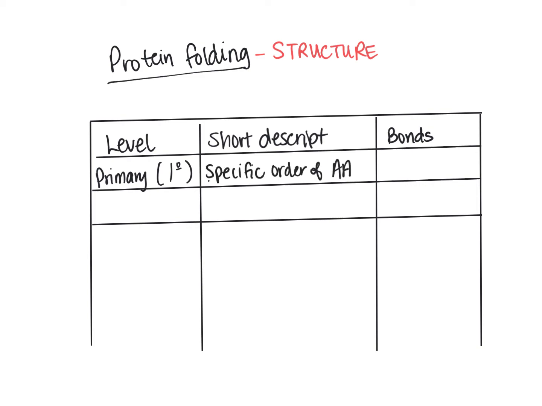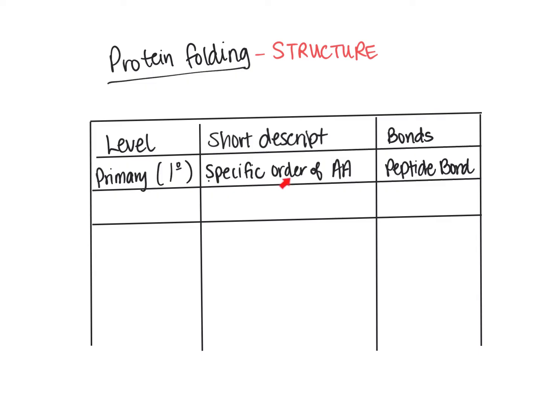And so in this video, you're going to see me refer to AA very often, which stands for amino acid. Now, the bonds that hold the primary level of protein structure together, the specific order in which the beads are, is what's known as that peptide bond. You may remember from 9th grade the process of transcription and translation.